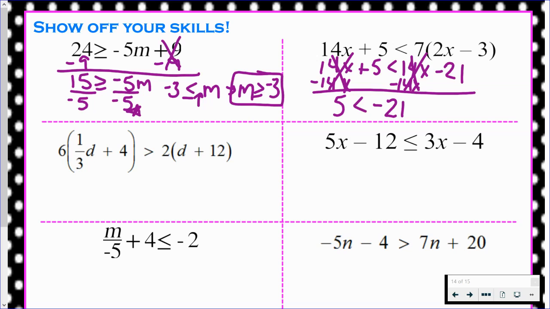So when you have the variables cancel out and you're left with a true statement, then you find it's infinitely many solutions. If the variables cancel out and you're left with not a true statement, then it's no solution. So you have to think, is 5 less than negative 21? And nope. So it's no solution.